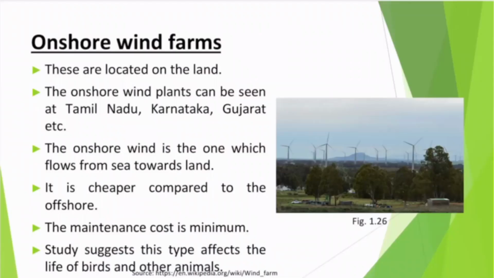The maintenance cost of onshore is also minimal, and studies suggest this type affects the life of birds and other animals. There is an issue where some NGOs are concerned because the blades keep moving, so it may hurt many wonderful birds and wildlife activities that happen in a particular zone.